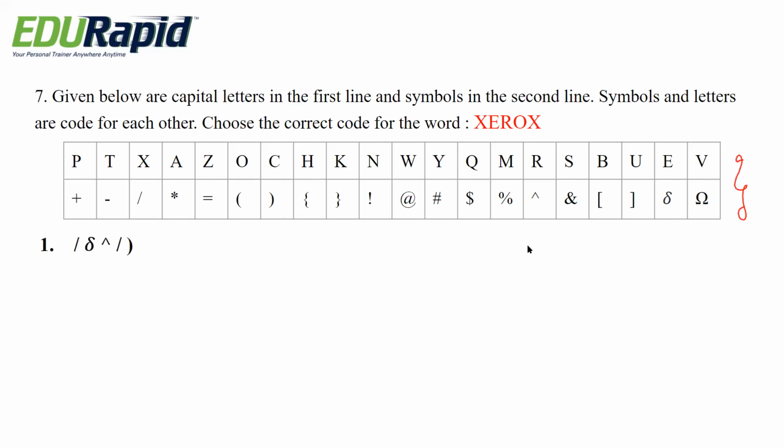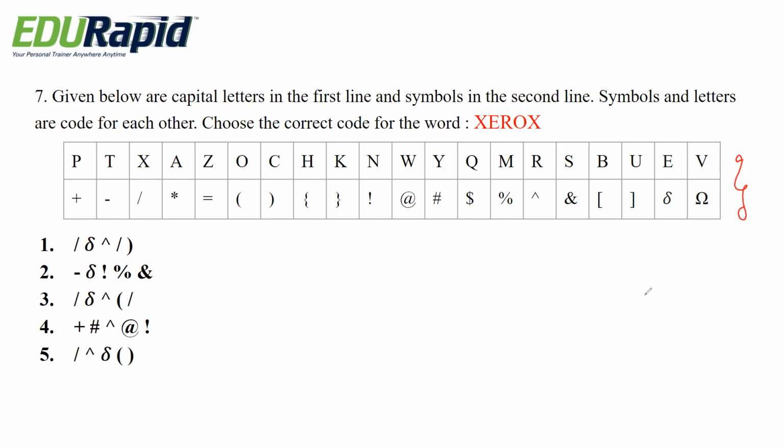For this, the options are: divide, delta, uppercase, divide, close bracket; minus, delta, exclamatory mark, percentage; divide, delta, uppercase, open bracket, divide; plus, hashtag, uppercase at; exclamatory mark, divide, uppercase, delta, open bracket, closed bracket.